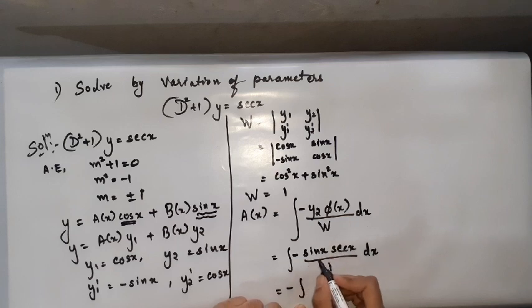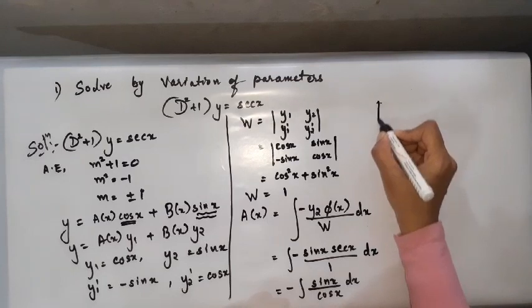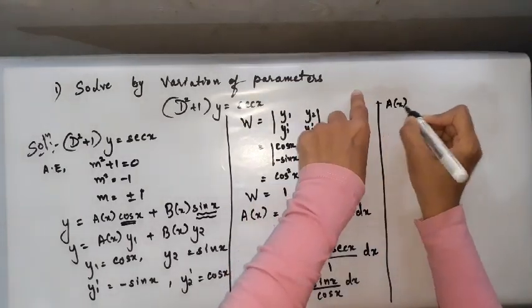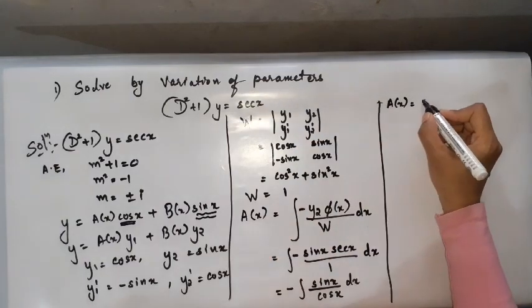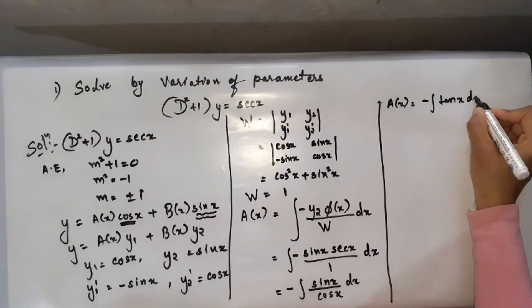How can you write sin x into secant x? It will be sin x divided by cos x, because secant is 1 by cos. When you further simplify, a of x is equal to minus integral of tan x dx.